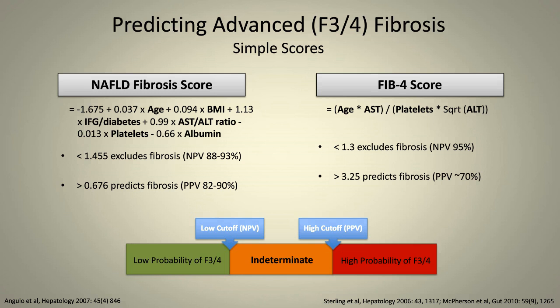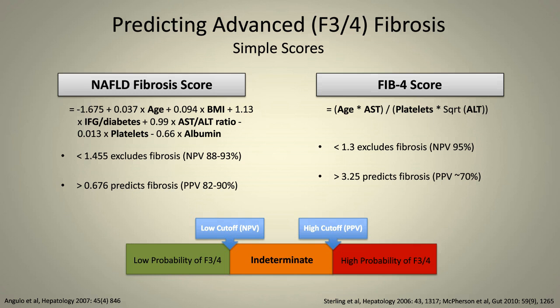But what you get in the center is a large group of people that are indeterminate. In fact, about 30% of patients will fall into this indeterminate category where we're not really sure what to do with them. So I think what I would say about this slide is that if you use this, this is a good tool to exclude people with NASH and F3-4 disease.